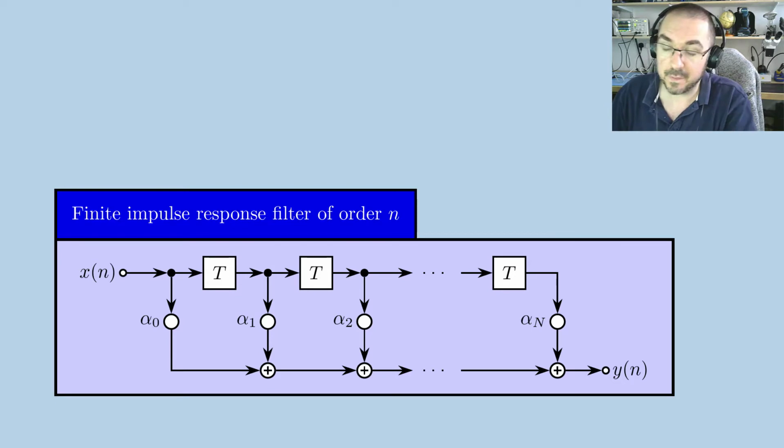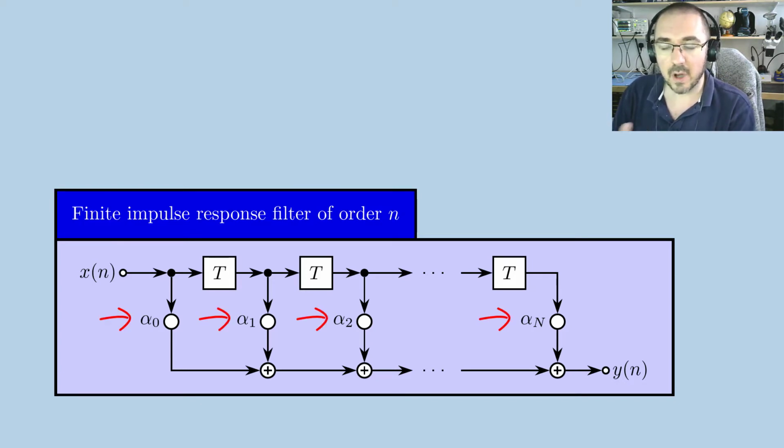So for a finite impulse response filter, which is the one I'll be using today, the process of designing the filter is normally specifying first what cutoff you want, some of the other properties of the filter, and then trying to find the coefficient values, that's the multiplier values, that would give you the filter that you want.